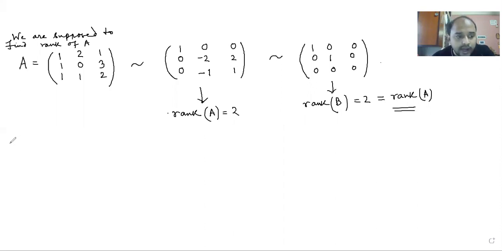The question is why? Someone can ask that if I can declare the rank from this intermediate matrix, why do I proceed further to the form which you have seen in the previous session?